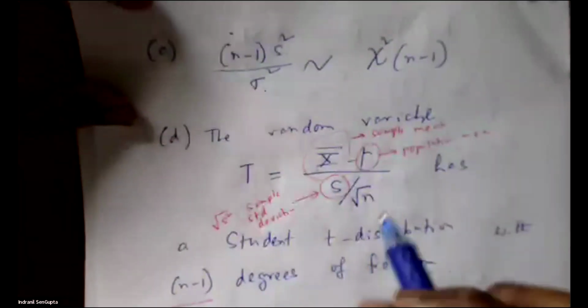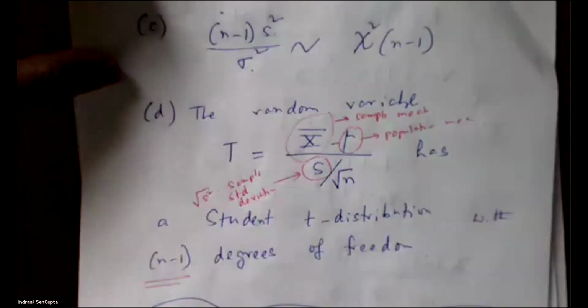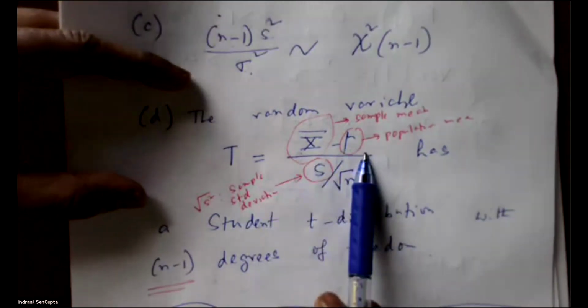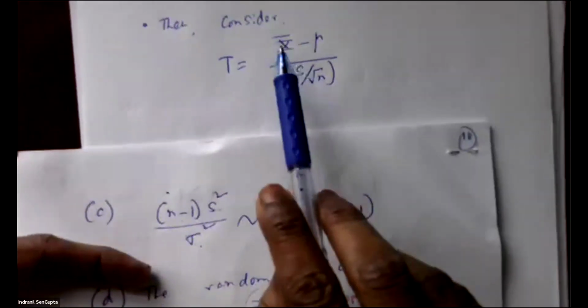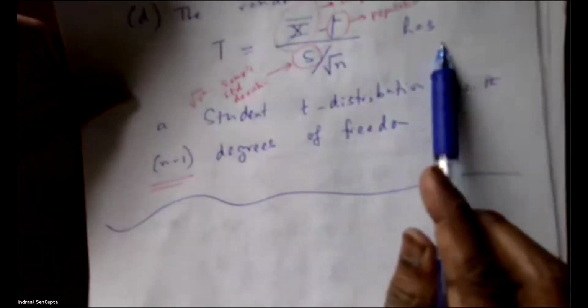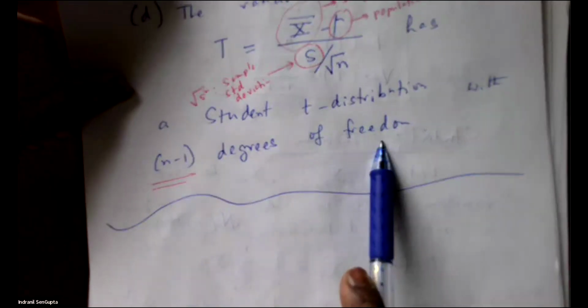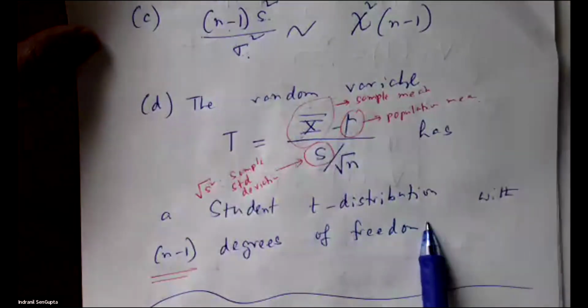That's fine, but we don't need it at this point. The third one is that this follows chi-square, but the fourth one: T is x bar minus mu over s over square root of n, and that is exactly what I wrote. This has a Student T distribution with n minus 1 degrees of freedom. That's what the theorem says.